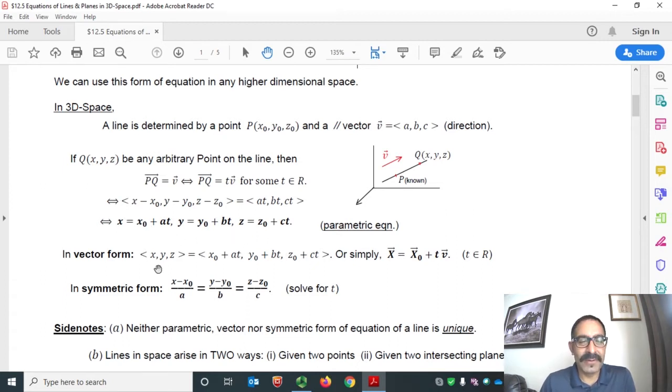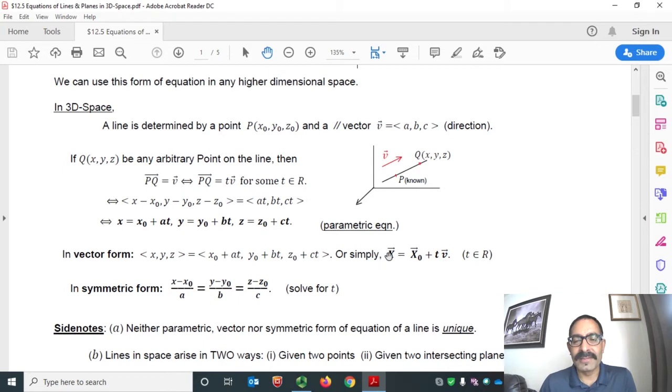Now in vector form, we can write x, y, z component-wise for an arbitrary vector x, and then x0 plus at is the x component, y0 plus bt the y component, z0 plus ct the z component. Or simply, we can rewrite this last expression in this way: vector x equals vector x0 plus t times vector v.